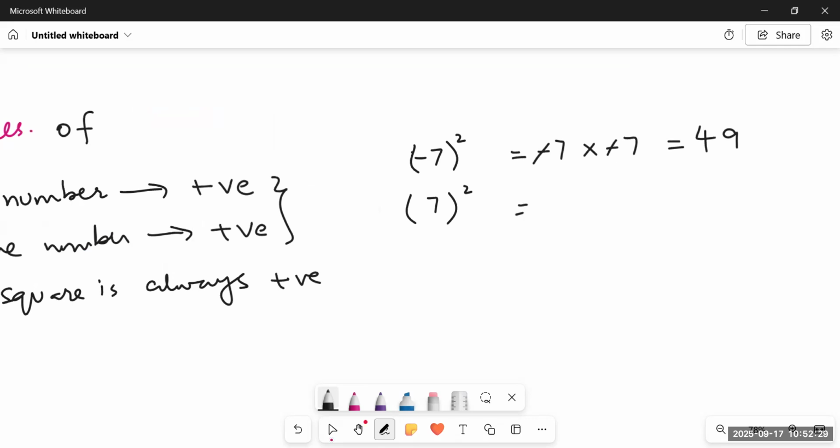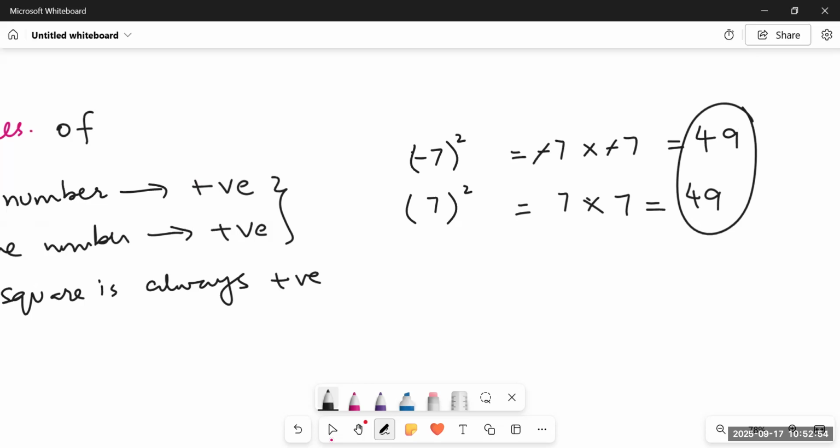So therefore, the square of a negative number would always be positive, because while finding the square of a negative number, we are basically multiplying a negative number by itself. That is a negative number by a negative number. Similarly, if we multiply a number by itself, which is positive, it would be positive. So what have we learned from here? That the perfect square would always be positive.